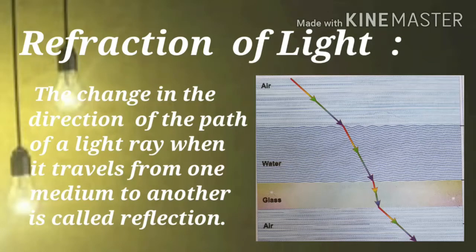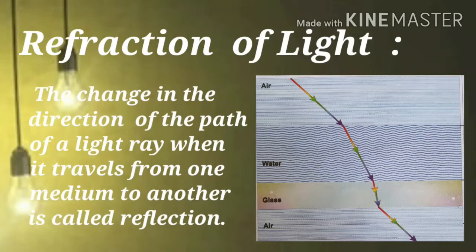And here in the diagram also you can see the change in the direction of the path of ray of light. That is, light ray is continuously bending when it is traveling first from the air, then air to water, then water to glass, and glass to air again.